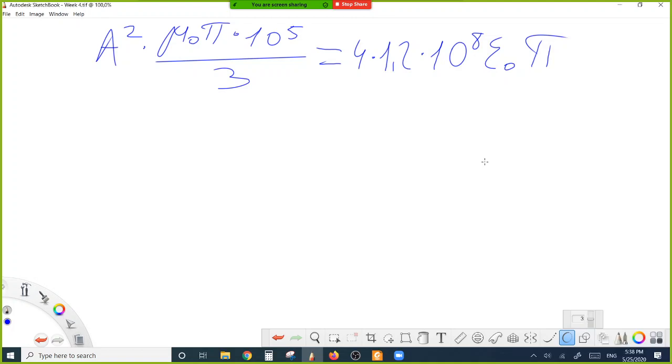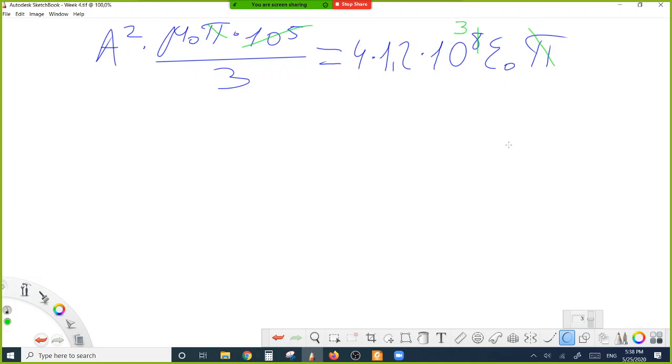It is simple. p and p simplify again. 10 to the 5 and 10 to the 8 simplify.